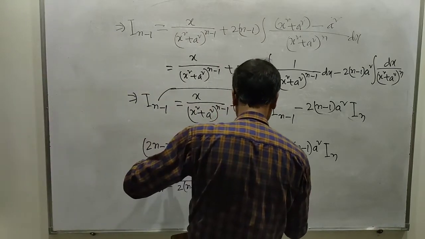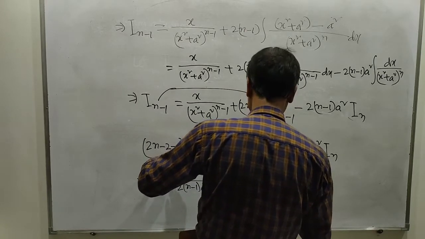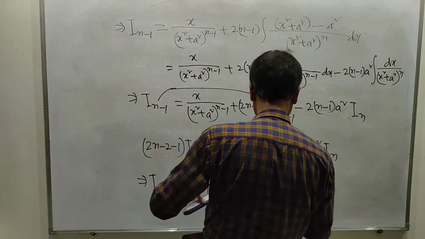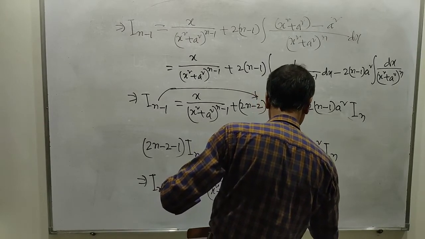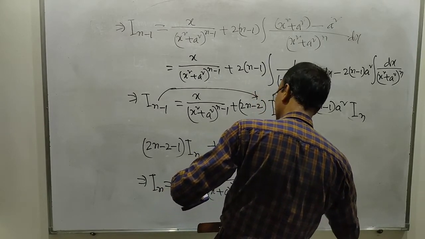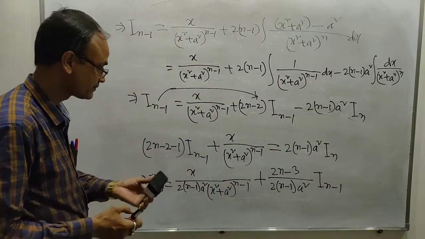plus (2n-3) divided by 2(n-1)a² into I_(n-1).